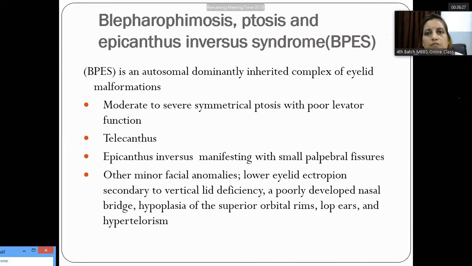Blepharophimosis, ptosis, and epicanthus inversus syndrome is also called blepharophimosis syndrome. It is an autosomal dominant inherited complex of eyelid malformation, where you can see moderate to severe bilateral ptosis with poor levator function, telecanthus, epicanthus inversus, and other minor facial anomalies like lower eyelid ectropion secondary to vertical lid deficiency, poorly developed nasal bridge, hypoplasia of the superior orbital rim, low-set ears, and hypertelorism.